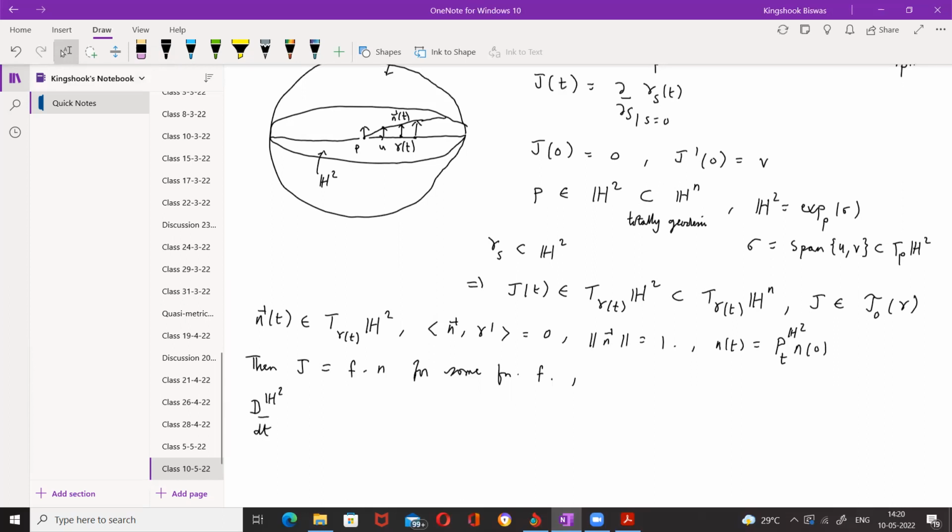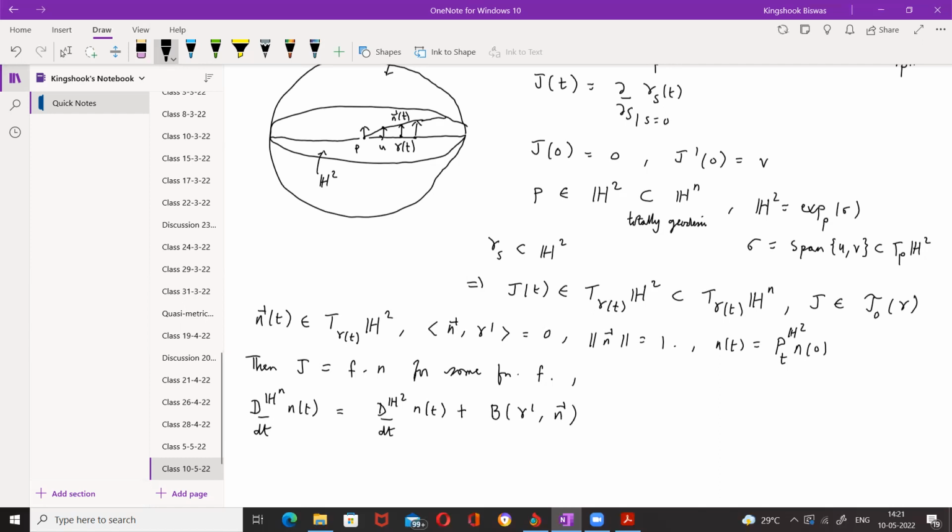So the covariant derivative with respect to Hn of N of T, what is this? This is equal to the covariant derivative with respect to H2 of N of T plus the second fundamental form applied to gamma prime and N, right?